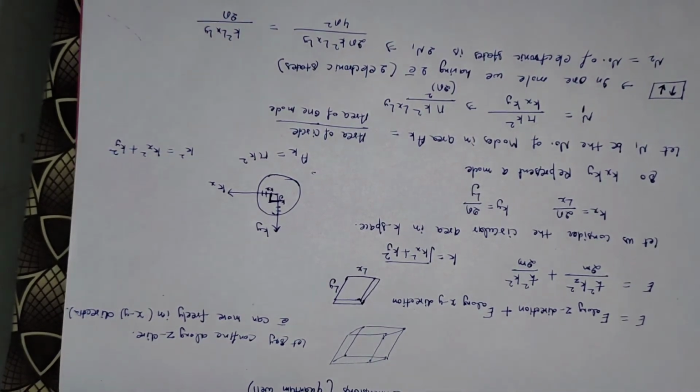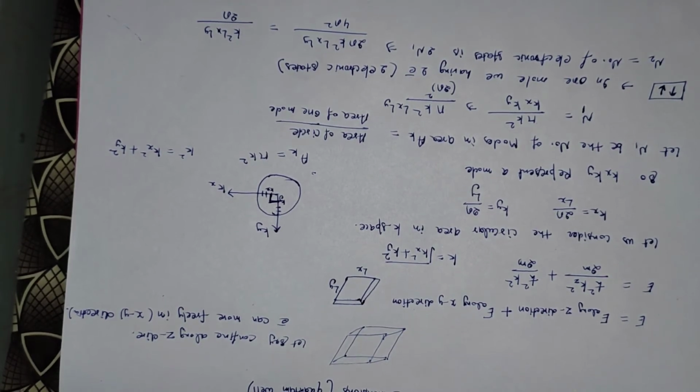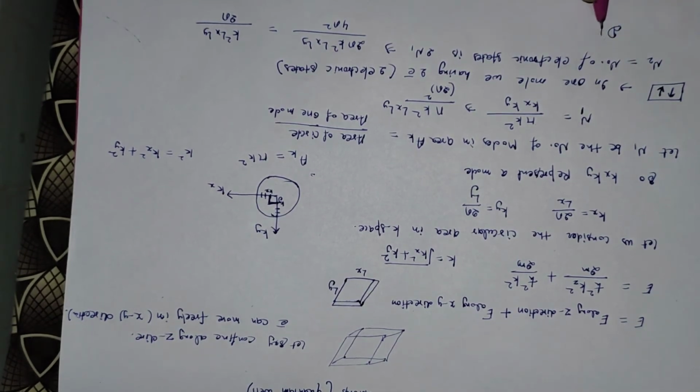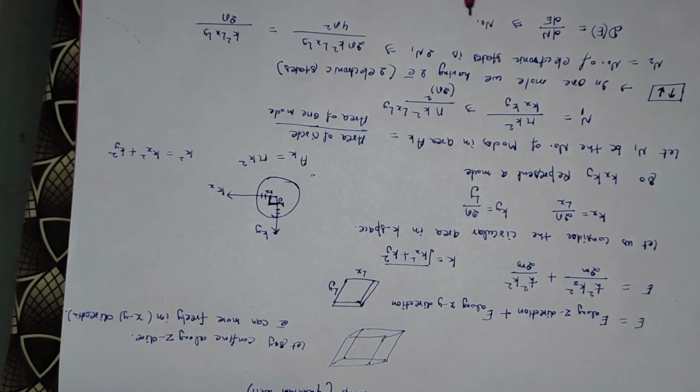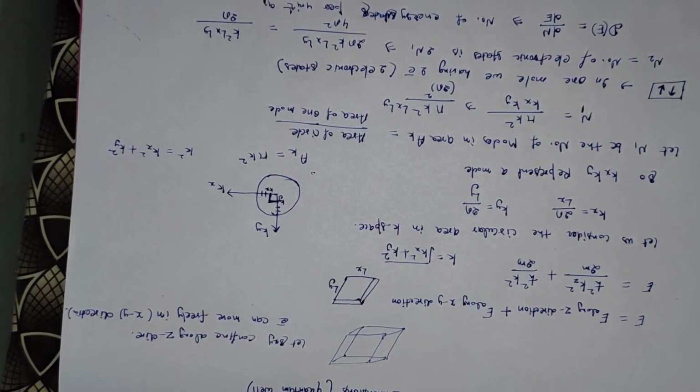So this is the number of electronic states, k² Lx Ly over 2π, and we have to find out density of state. D(E) is dN over dE, number of energy states per unit area, because in 2D we have area, per unit energy range.